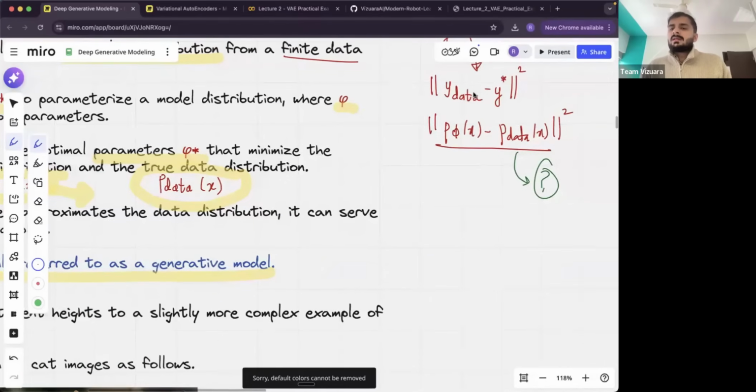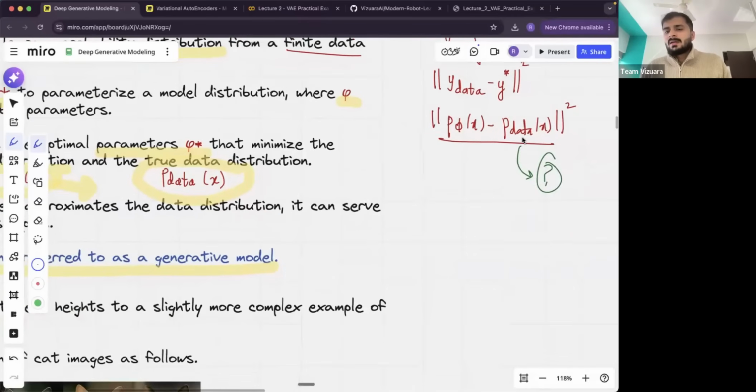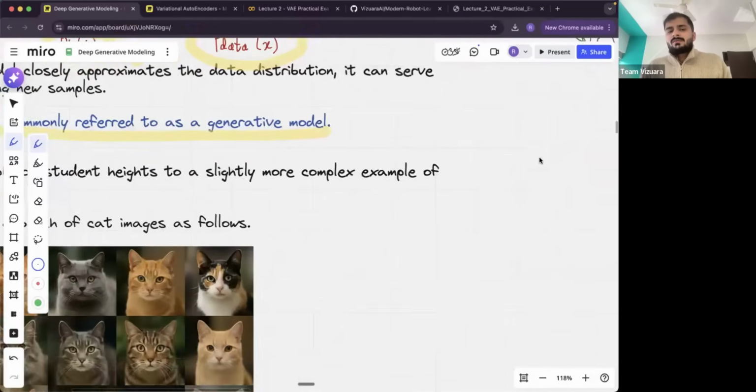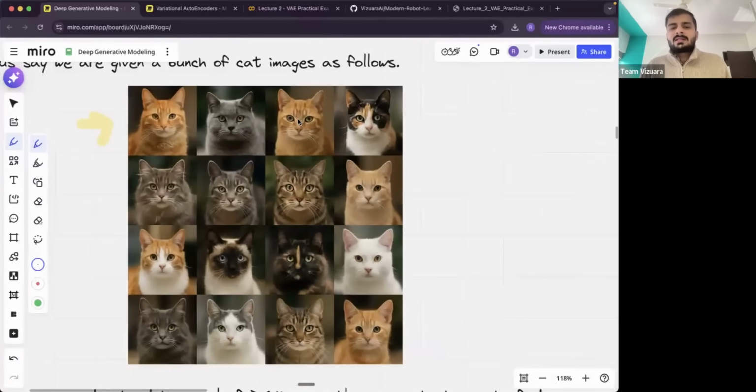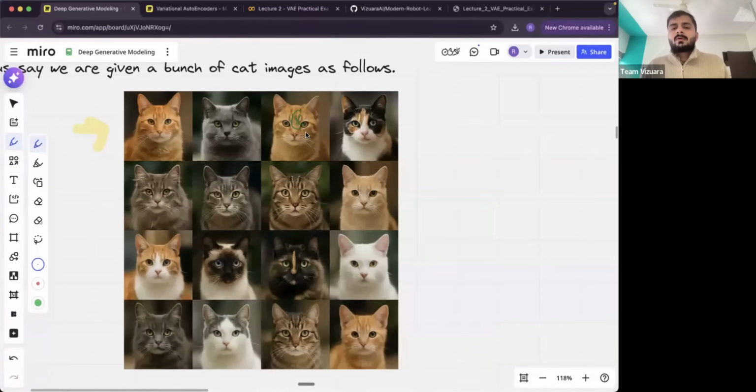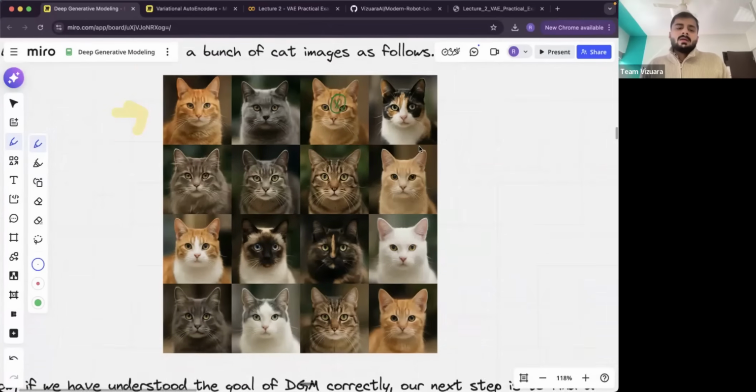You knew Y data in the supervised learning example, but what is the probability of, let's say, sampling this cat from the entire distribution? We don't know. All we have is access to the samples. We have individual cat images, but we do not know the exact probability distribution from which these images are drawn. So this we do not have access to.